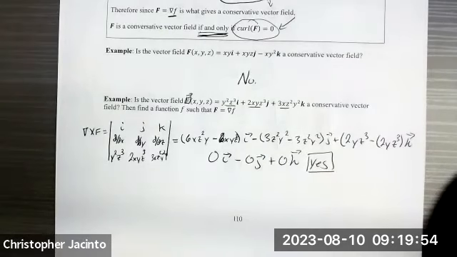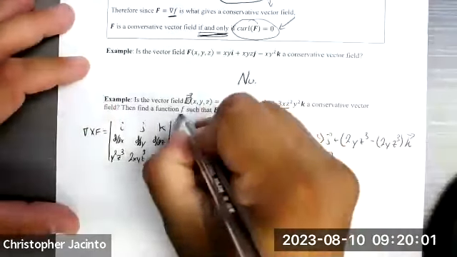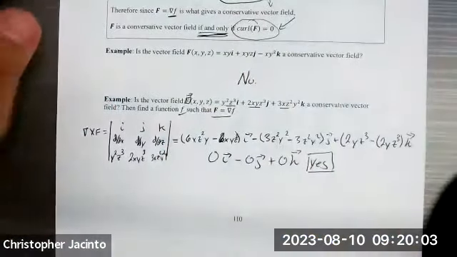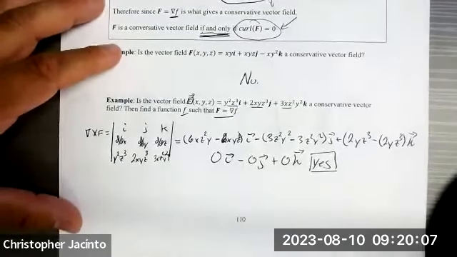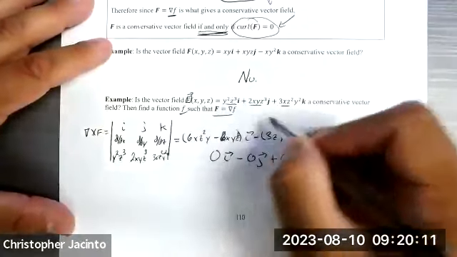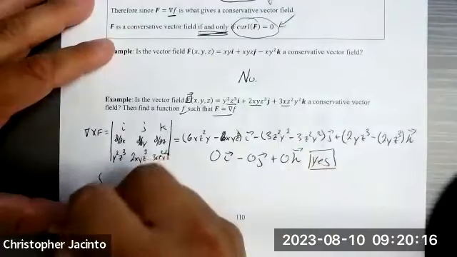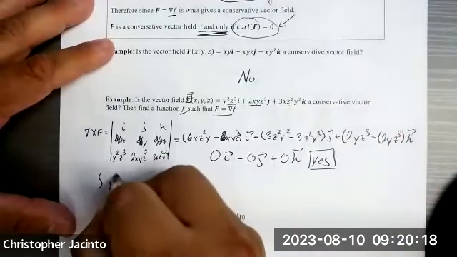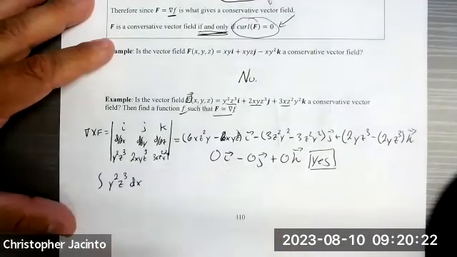So because it's a conservative vector field, we can use its second part: find f such that F is the gradient of f. We did a couple of examples of this, not too thoroughly. Remember, all you really have to do is integrate each one individually and see what they have in common. So for example, we're going to integrate the first one, the i-th component, with respect to x.